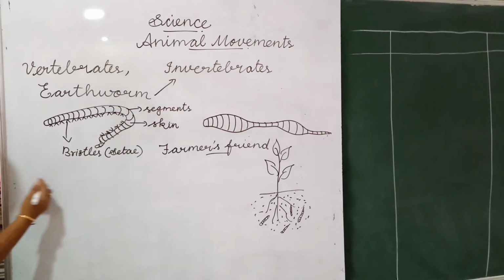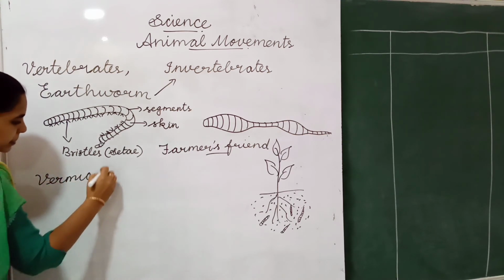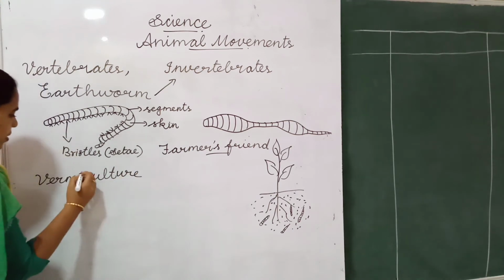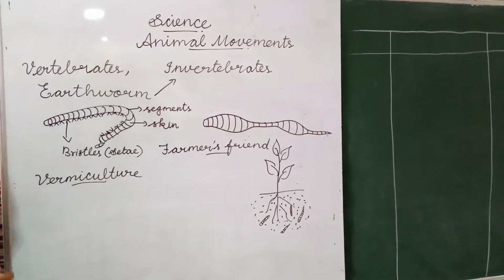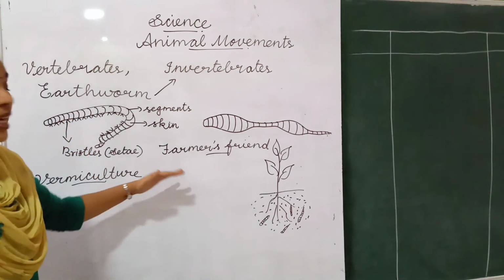Okay, next one is vermiculture. Vermiculture means using one type of earthworm, that means red color earthworms.